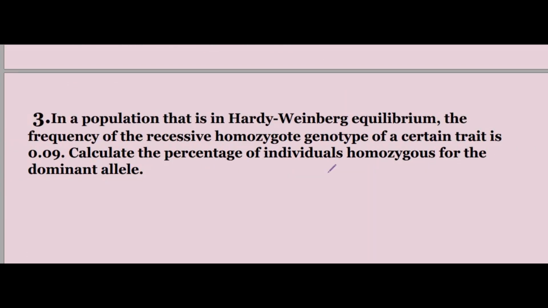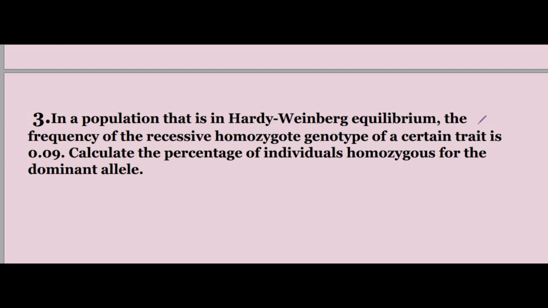Let us come to the third type of question. The third question is, in a population that is in Hardy-Weinberg equilibrium, the frequency of recessive homozygote genotype of a certain trait is 0.09. We have to calculate the percentage of individuals homozygous for the dominant allele.